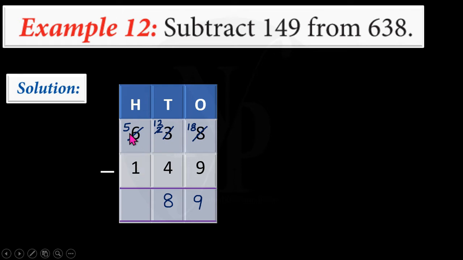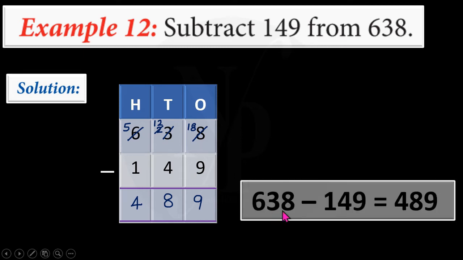So on subtracting, we get 400s as the difference. Therefore, 489 is the difference of 638 and 149, which can also be written as 638 minus 149 is equal to 489.